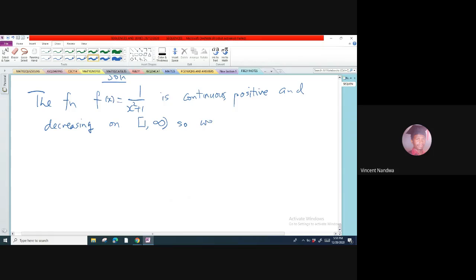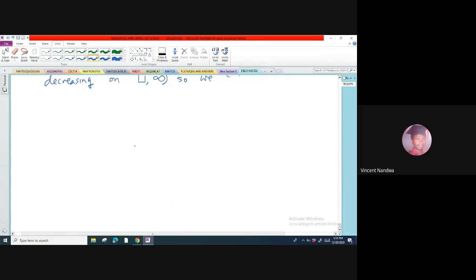So we can only use the integral test if all these three conditions are satisfied. The function is continuous, positive, and decreasing on the interval 1 to infinity.